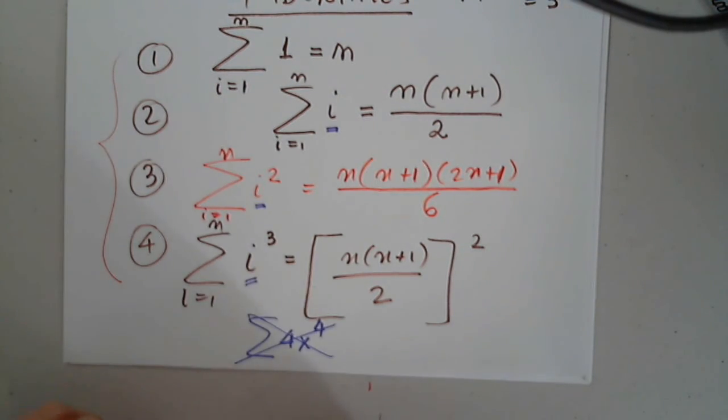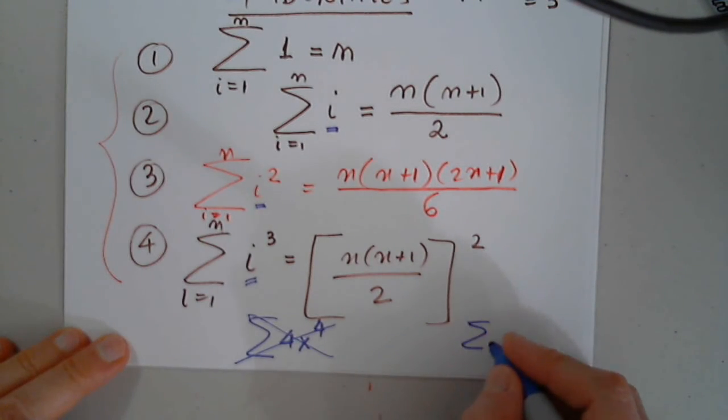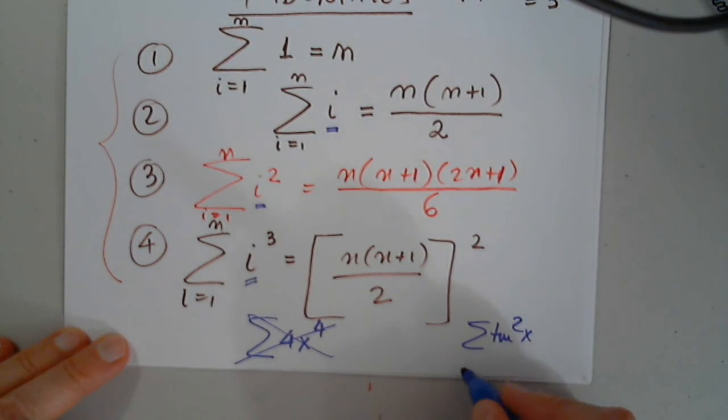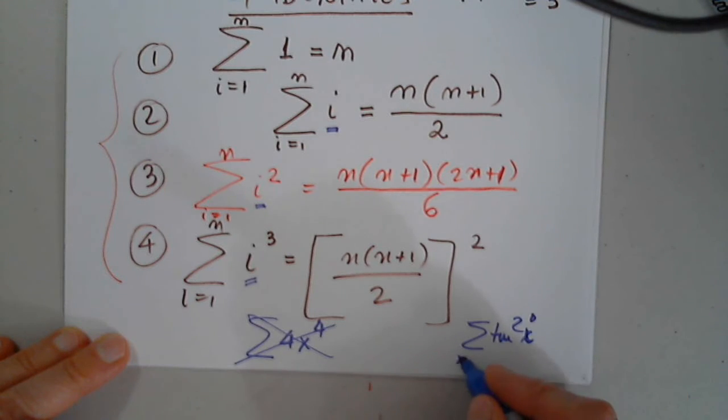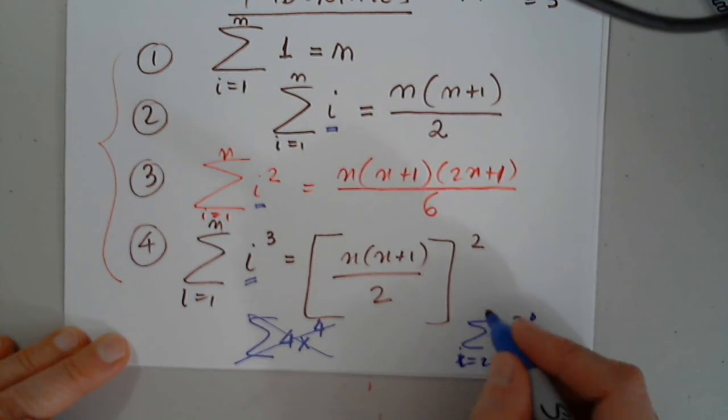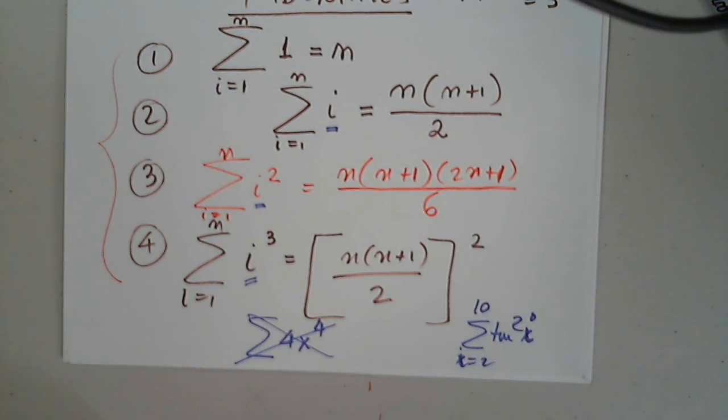Nothing else. We don't have other options here. So if you ask me, find the sum of tangent squared of I, keep it with the index, I equals 2 to 10, I'm not going to be able to give you that answer. I have to determine it one by one and add them up. I don't have a formula.